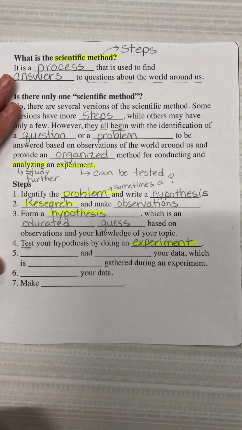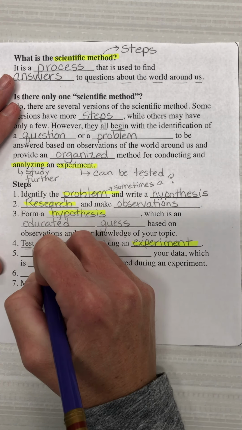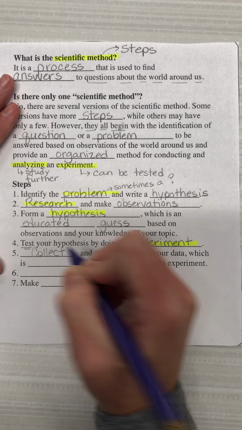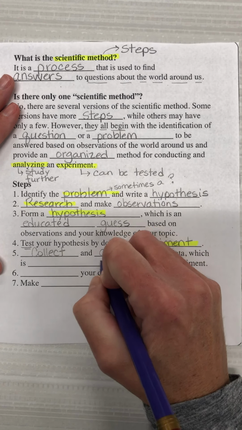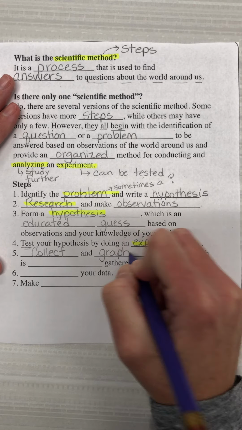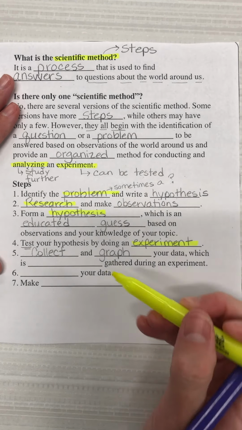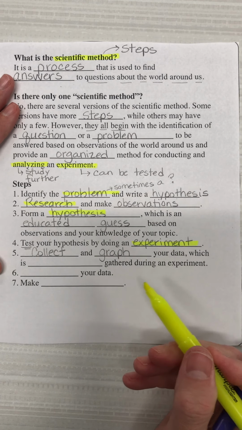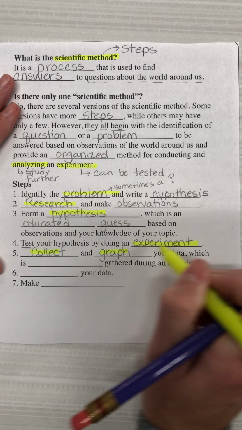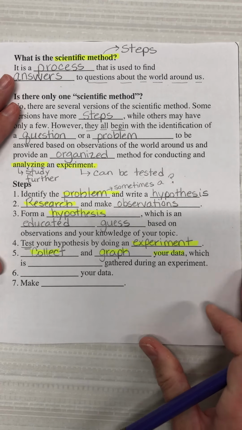Now, while a scientist is doing their experiment, they will be collecting and graphing their data. So scientists, while they're doing their experiment, they will collect and graph their data.